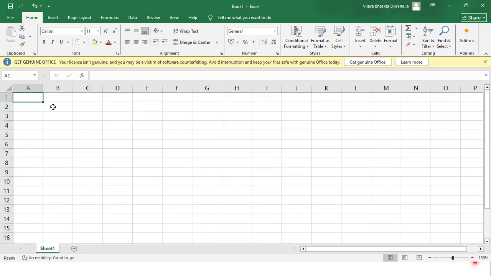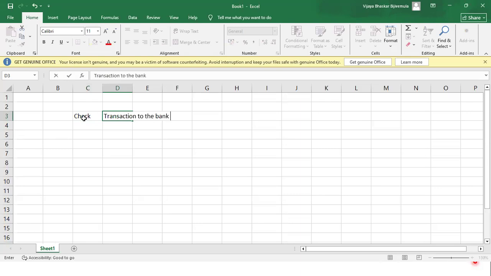For example, in general we have checks, and we send the checks to banks. Say you sent a check transaction to the bank on first 12 2025. On this date you send one check transaction to the bank to make the payment, and ideally the payment happens on the same day.